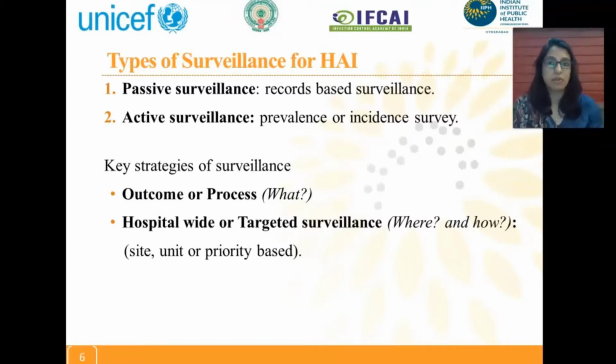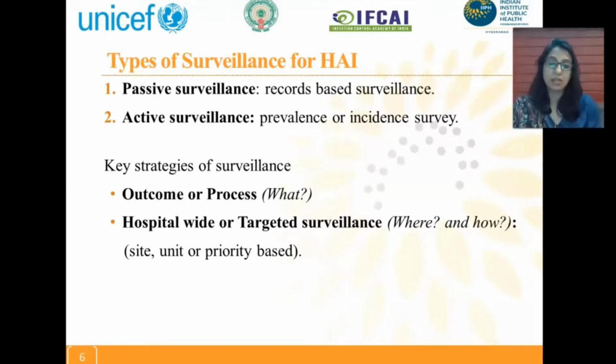For example, if you are looking at infection caused through colonization in ventilators, do you want to assess only the infection rates in cases who are using ventilators, or are you also going to look at how the ventilators are managed, how the equipment is managed, the hand hygiene being done by the caregivers, and other aspects? What is it that you want to do surveillance on? That is what you have to decide as a key strategy.